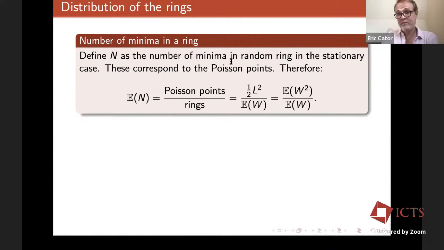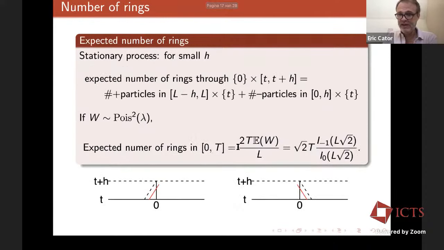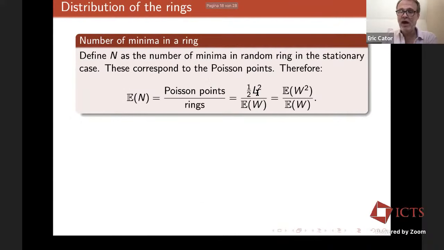So when I calculate this, here I have 2tEW over L, which is the number of rings. And of course, the number of Poisson points is just L times t. So when you divide, you get a half L squared divided by the expectation of W. And now I remind you of this special property of the squared Poisson.